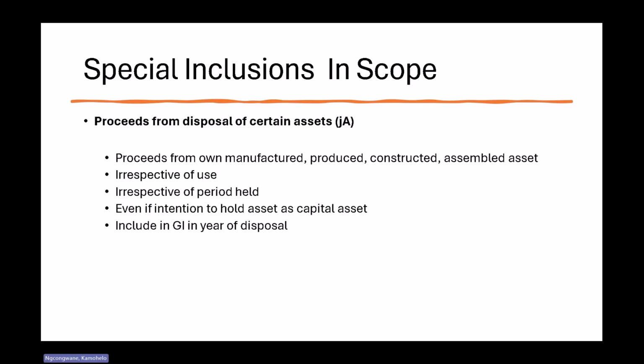But because this is a machine that I produced myself, selling that machine changes it from being a capital asset to being a receipt that's included in your gross income. That important component, that you manufactured or produced or created this asset yourself, whatever your intentions are, however you use it, means it is no longer a capital asset, but something that needs to be included in your gross income when you sell that asset.